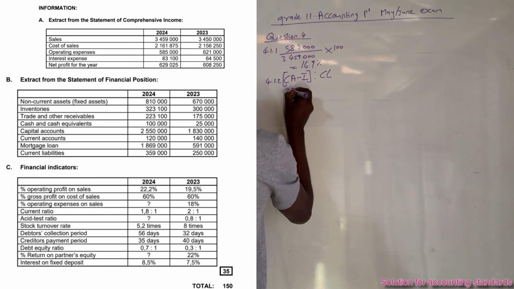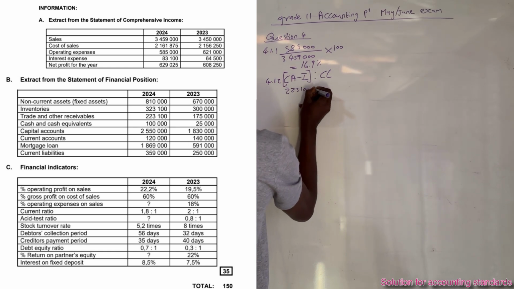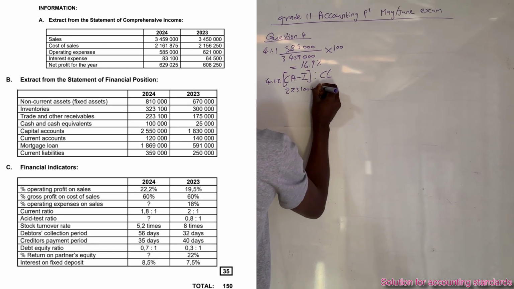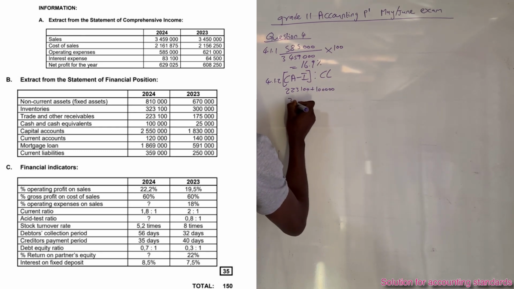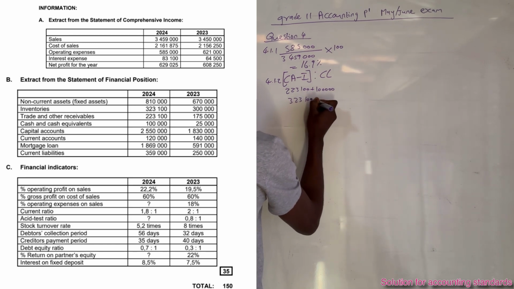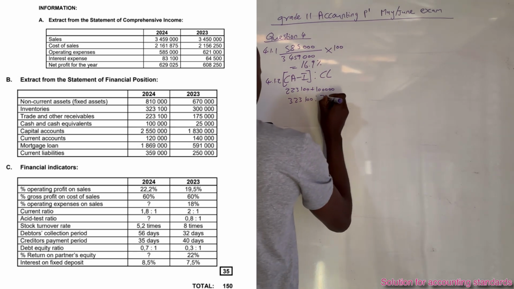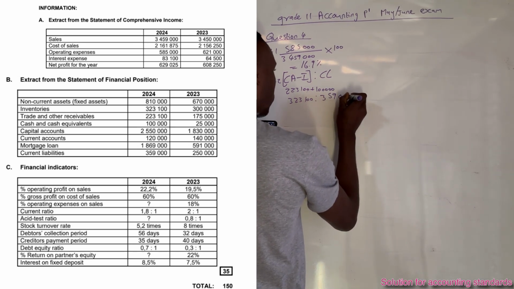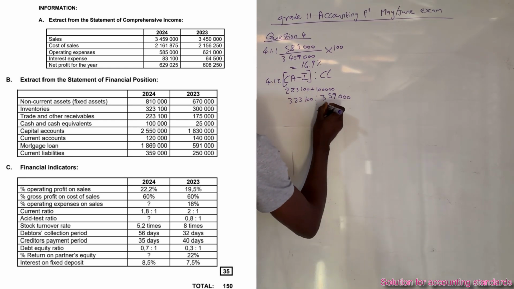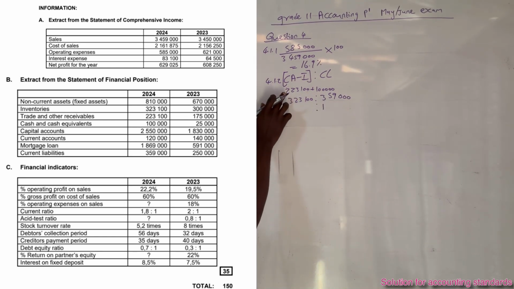We add 223,100 plus 100,000, which of course is going to give us 323,100, to current liabilities of 359,000. This side is always 1, and this side we say this one divided by this one: 323,100 divided by 359,000.